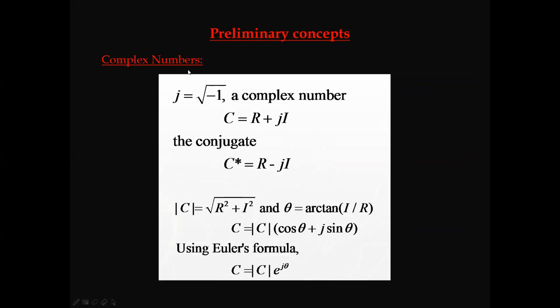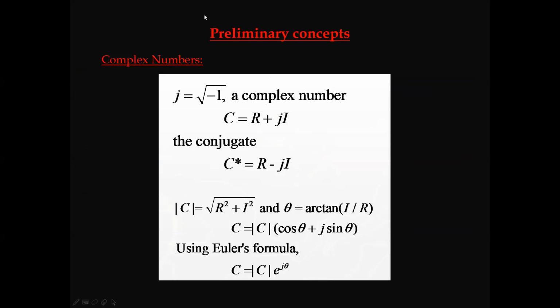The first preliminary concept is the complex number. We know that the complex number C can be defined as C equal to R plus Ji, where R is the real part and I is the imaginary part, and J is the square root of -1.